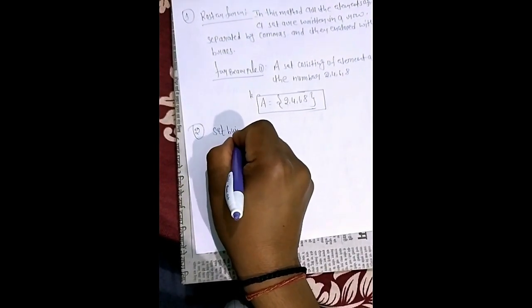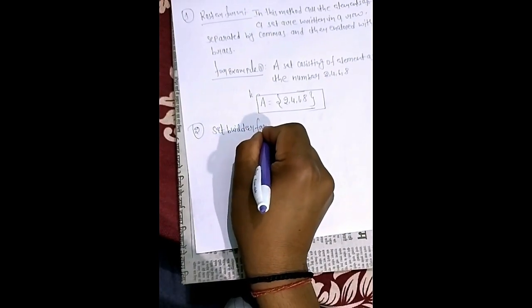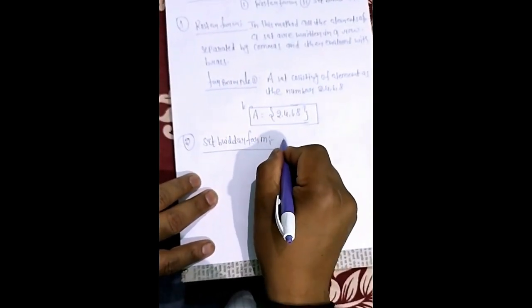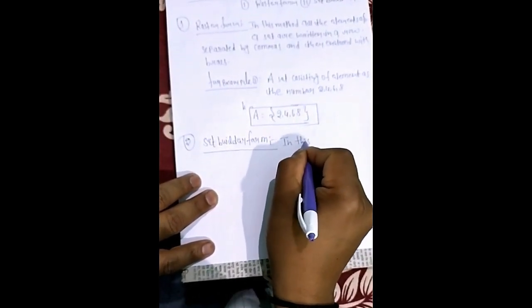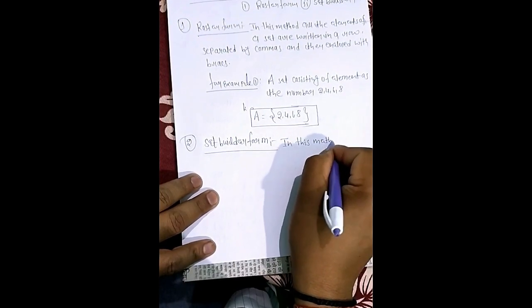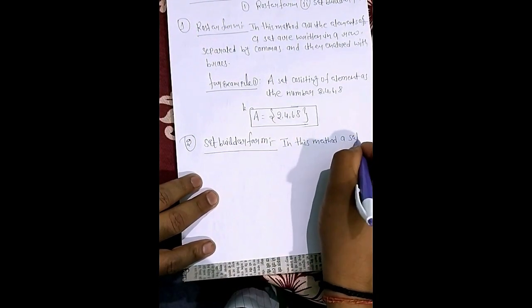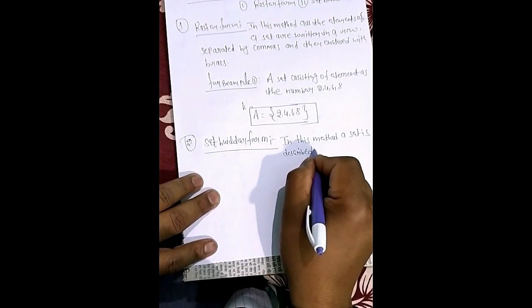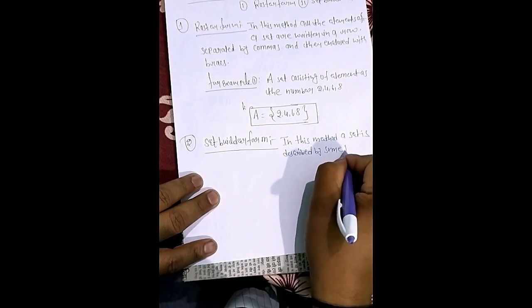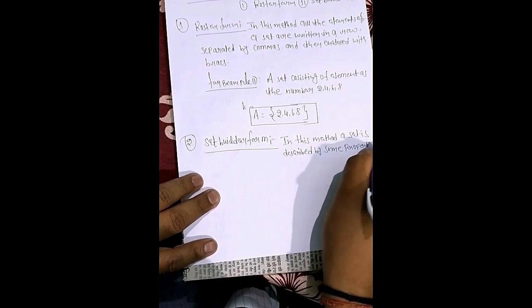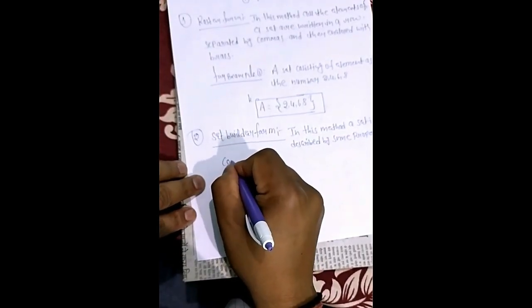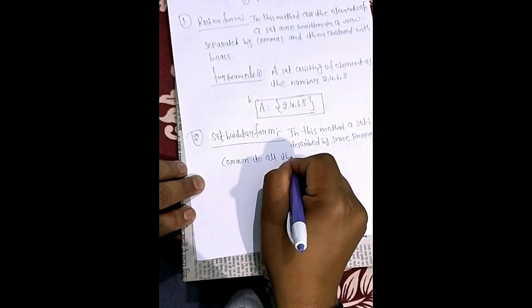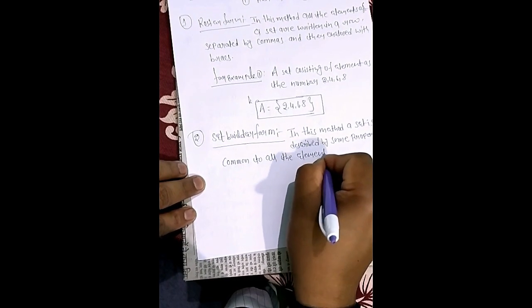Now second, we discuss the definition with an example of set builder form. The definition is: in this method a set is described by some property common to all the elements.